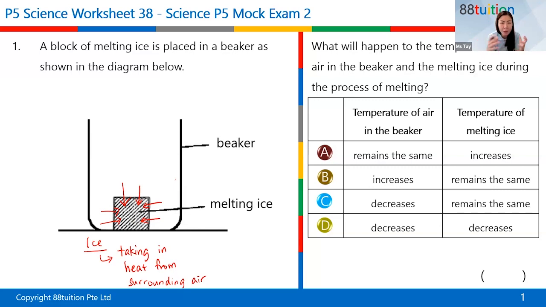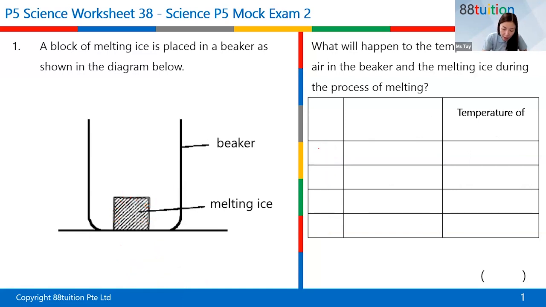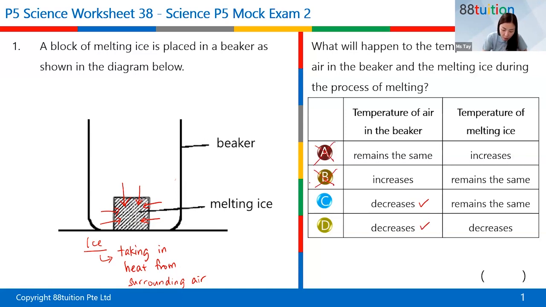What will happen to the temperature of the air in the beaker? It loses heat to the ice, so it's going to decrease in temperature. We have these options, so we can already cross out A and B by elimination. Left with C and D, you need to decide now. The temperature of melting ice, will it remain the same or become colder?